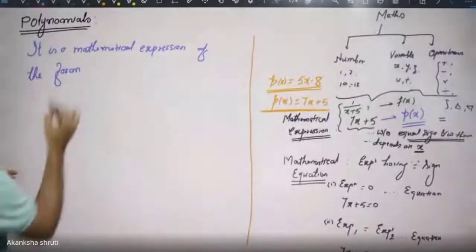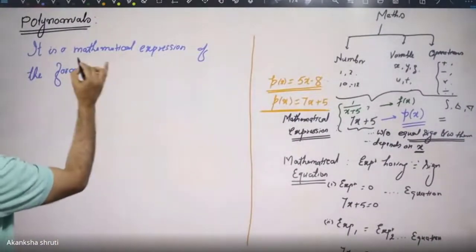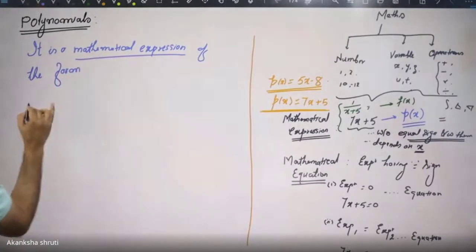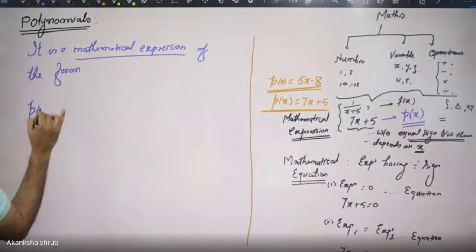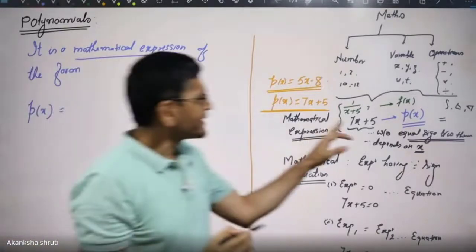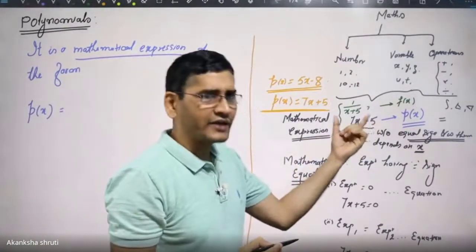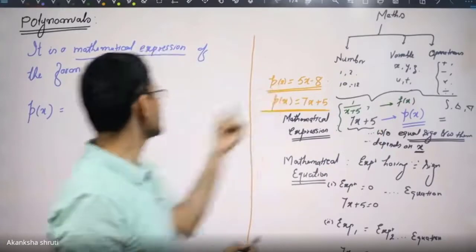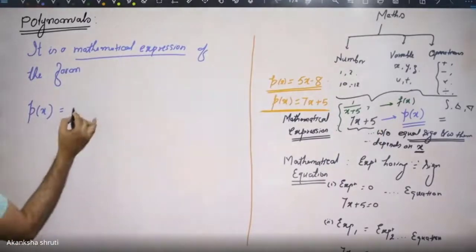What is this form? We are denoting any mathematical expression by, say, p(x), a mathematical statement that we are going to write.